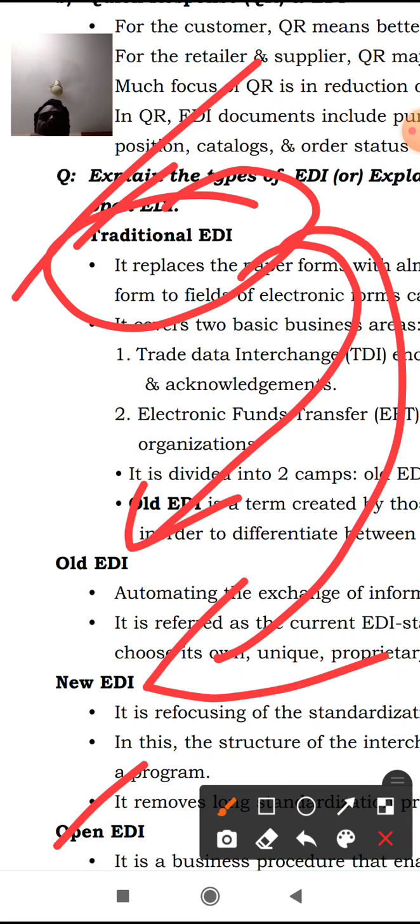Traditional EDI and open EDI are used for transactions between one business organization and another, or two different persons, or consumer to company and company to consumer, helpful in short-term business as well as in long-term businesses.